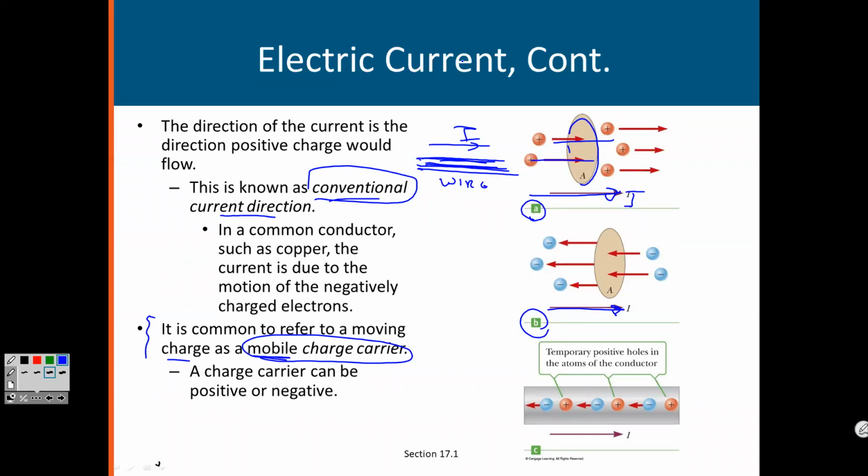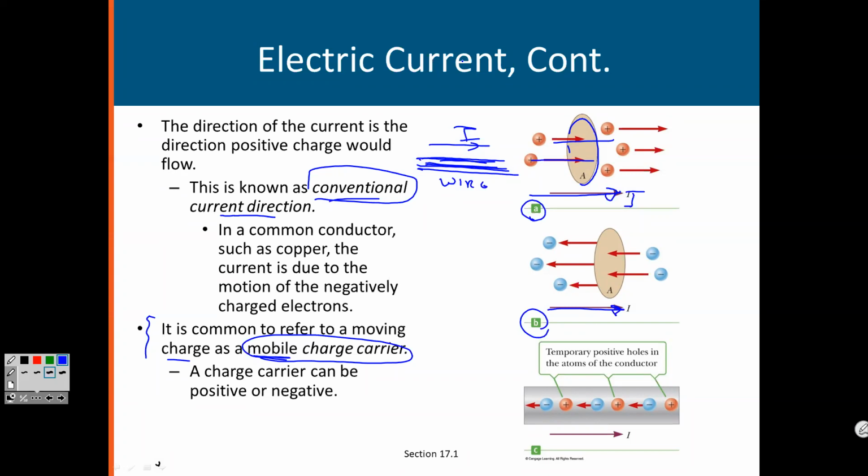But can you have positive charges as carriers? Yes, not the protons. In a liquid solution like a sodium chloride solution, the positive ions can move. That is possible. It is the whole ion, not the proton itself.